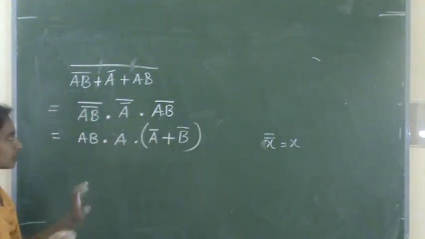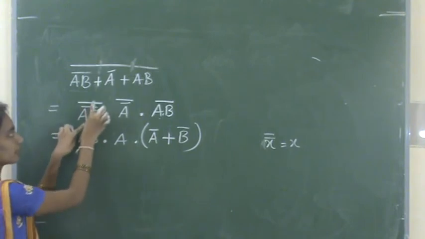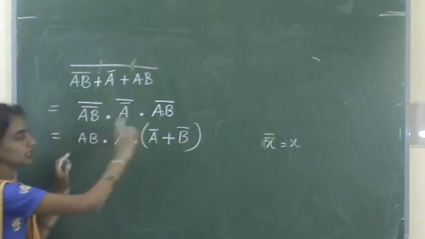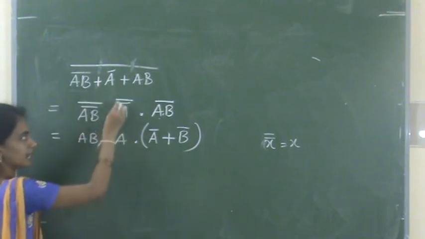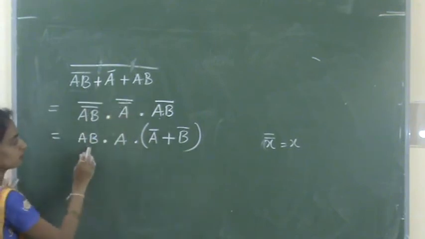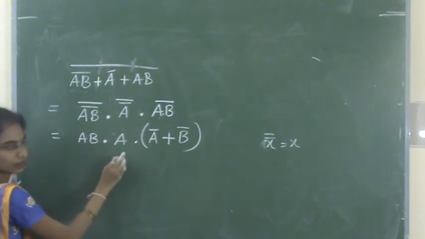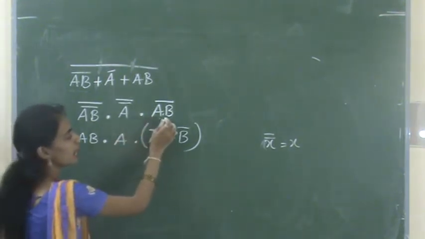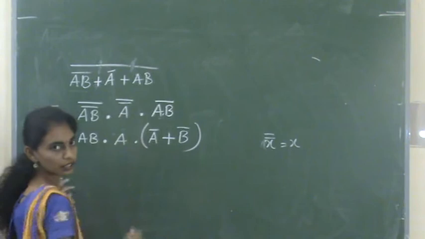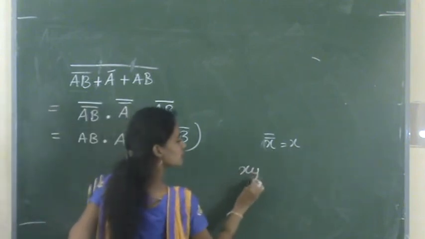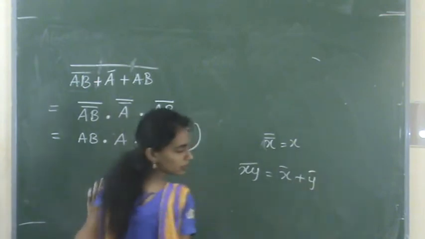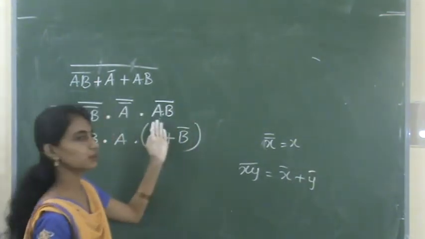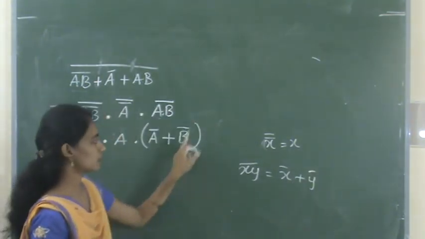Do you understand? Here we have x double bar, which is equal to x, so these bars will be cancelled. So that value will be a bar into a only. Here we have ab whole bar. We know that xy whole bar is equal to x bar plus y bar. Instead of xy we have ab, so a bar plus b bar.